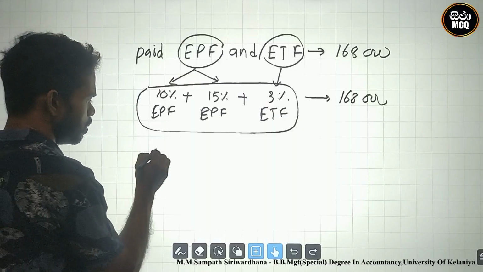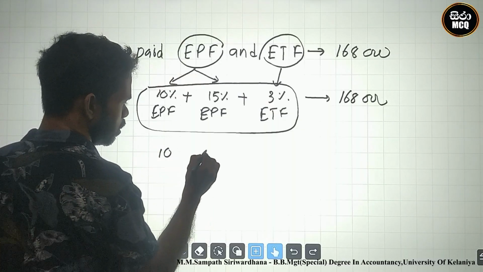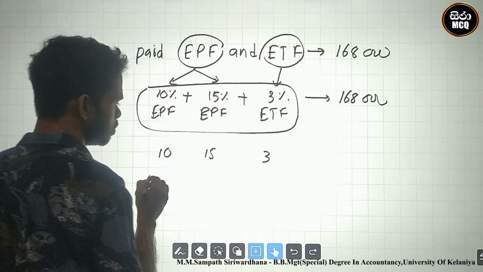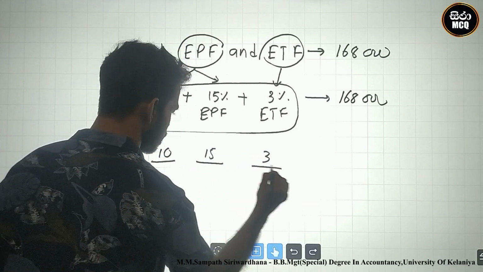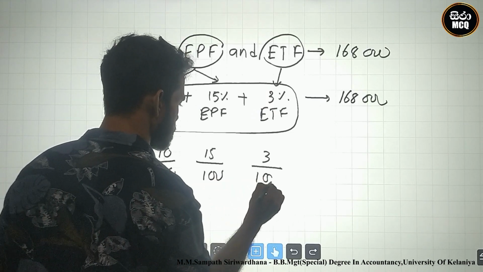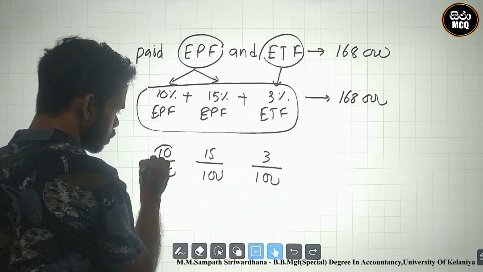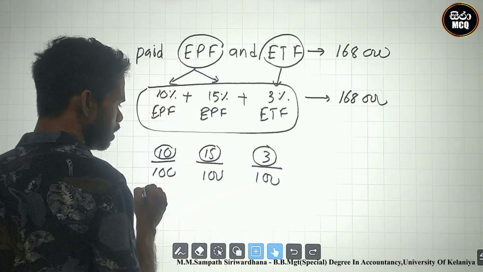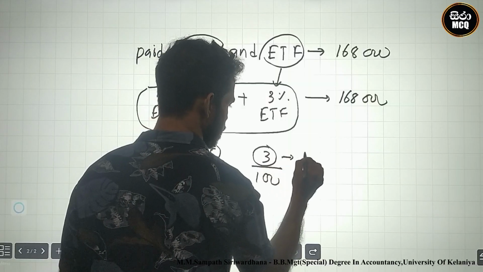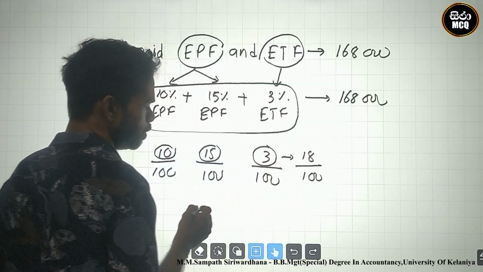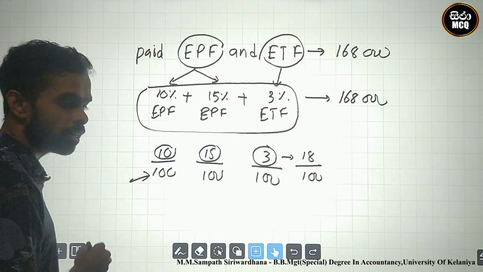Therefore, we can identify 10 plus 15 plus 3. Look here, there is 100. The total of the portions of 10, 15 and 3 is 18. The total paid was this; what is the 100?